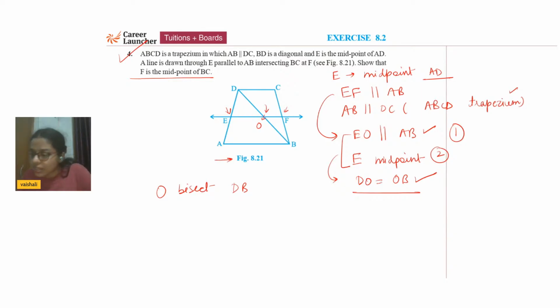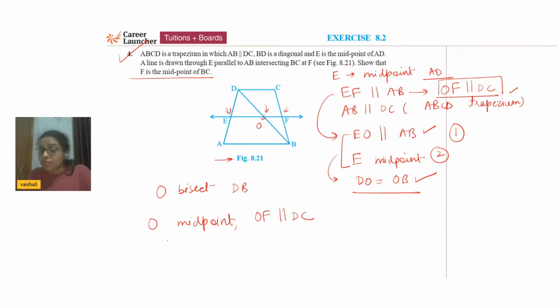But our proof does not end here. This makes it clear that O is the midpoint now, and the next thing you must consider is that if EF is parallel to AB, I can say OF is parallel to DC. So OF is parallel to DC.